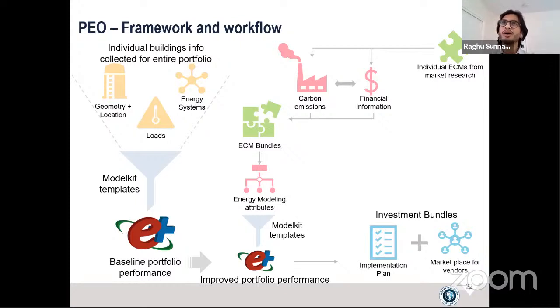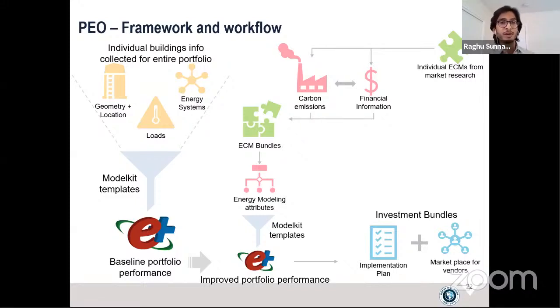So we start from the market in terms of getting a hold of all the market-based solutions. And then based on the first cost, and based on the impact they would have on reduction of site carbon emissions and also source carbon emissions, we then create different permutations and combinations of these ECM bundles.